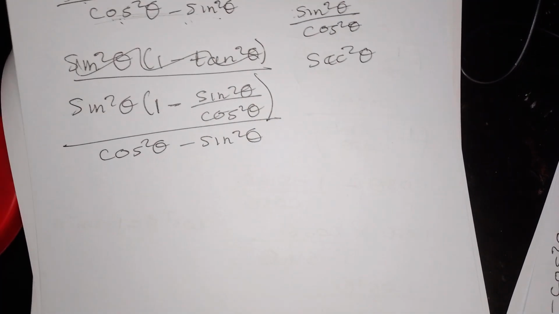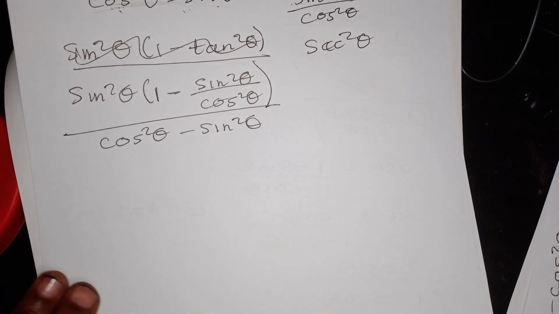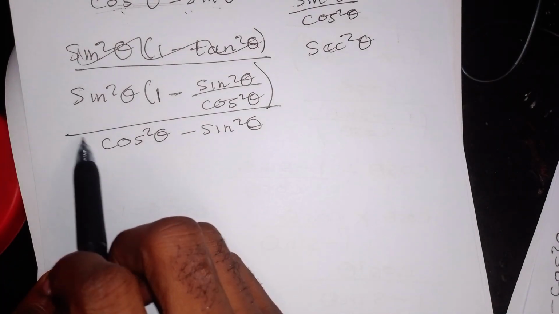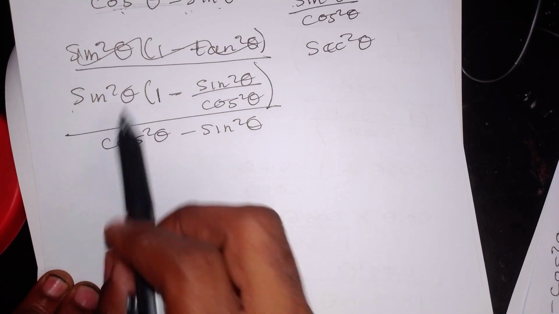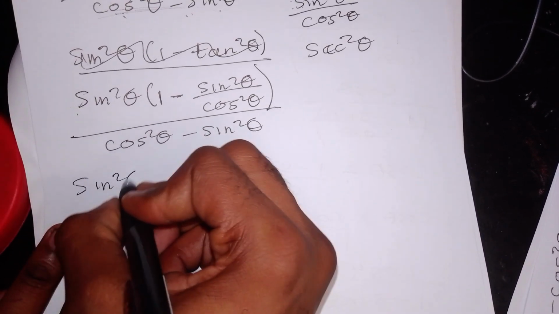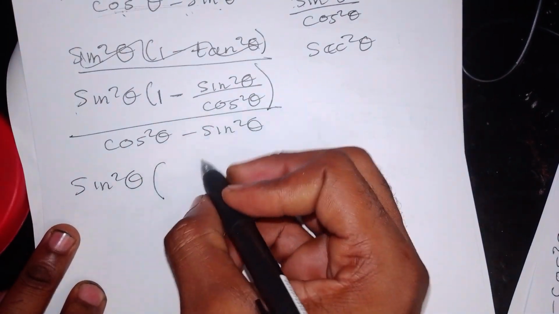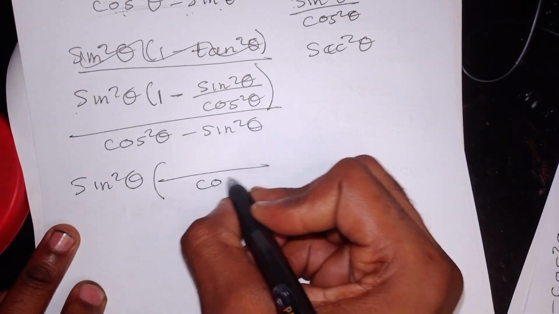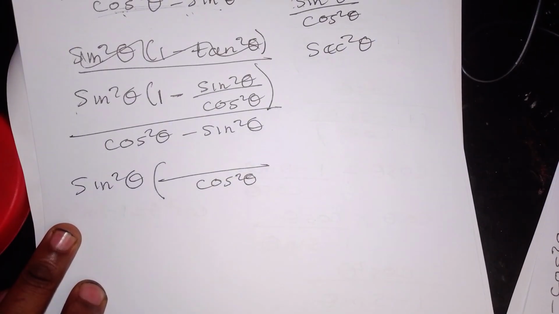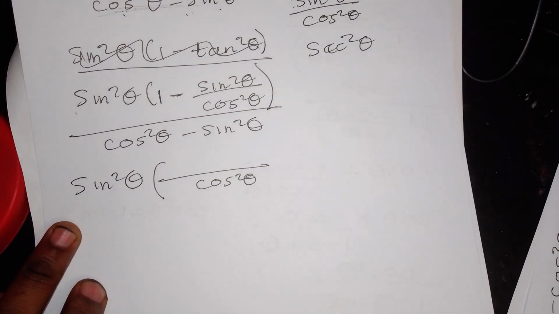And then now at this point, I don't want to expand this, so maybe I can just do with the brackets here, combine them, and see if it will give us something that will take us to this.